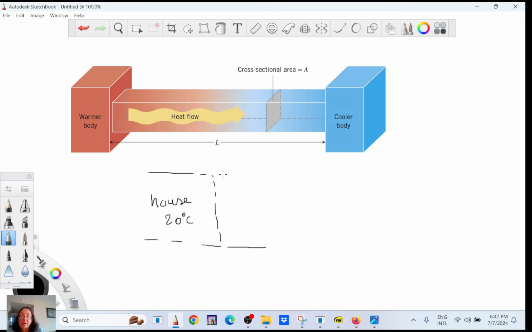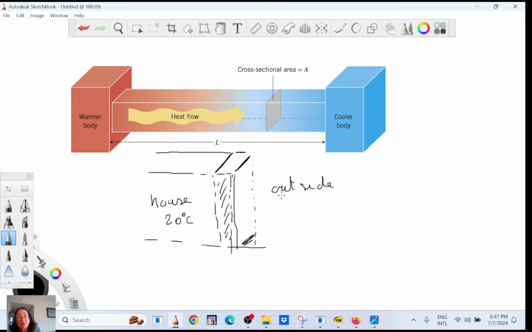And then maybe you have the wall. So that will be just one side of the room, of the house. Maybe you're going to have the wall here, and here you have some insulator. So I'm just talking about that side of the house.